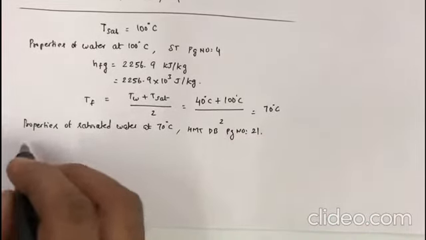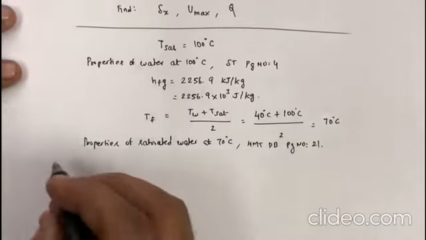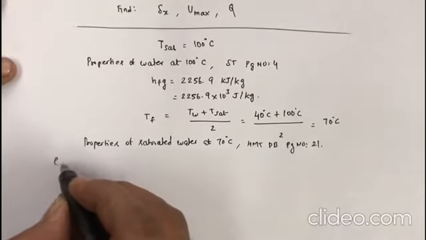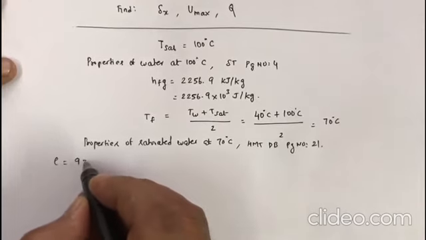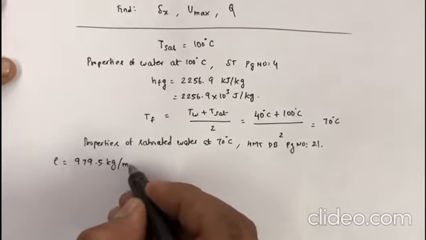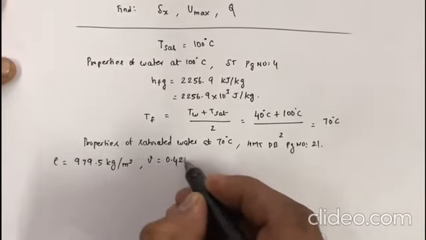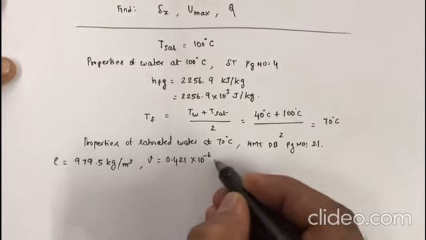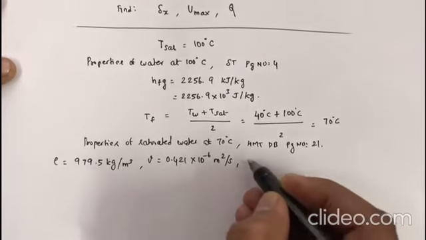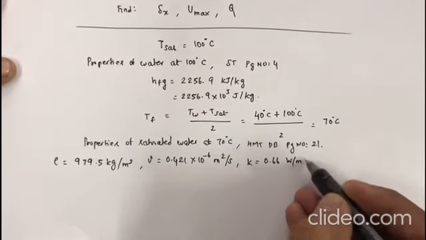The values that you have to look into: rho is 979.5 kg per meter cube. The kinematic viscosity is 0.421 into 10 power minus 6 meter square per second. The thermal conductivity is 0.66 watt per meter Kelvin.